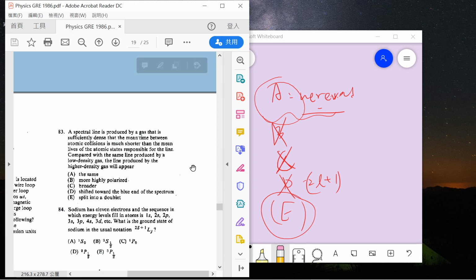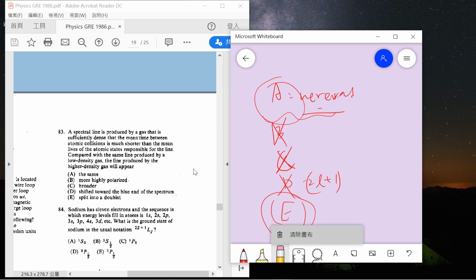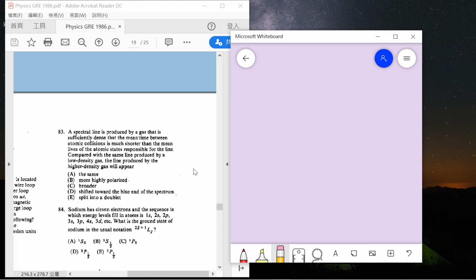Question 83 says a spectral line is produced by a gas that is sufficiently dense, meaning the time between atomic collisions is much shorter than the mean lives of the atomic states responsible for the line. Compared with the same line produced by a low-density gas, the line produced by the high-density gas... So it asks you about high density versus low density.